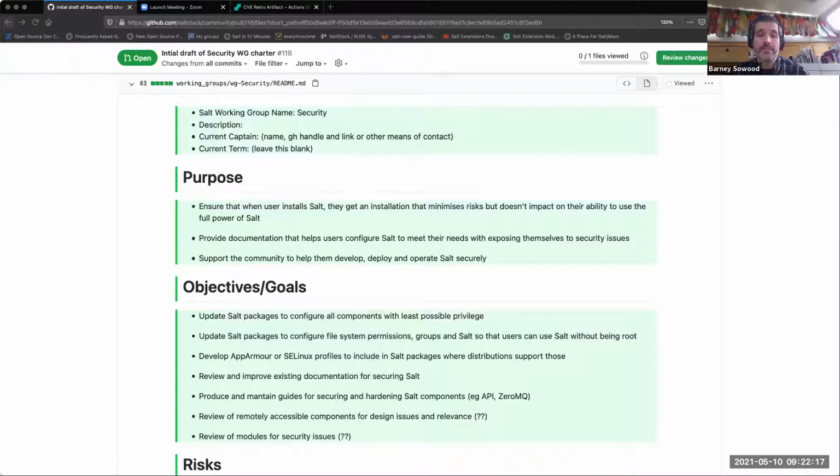Review and improve existing documentation for securing Salt. There is some Salt hardening material, which I think you could probably expand on considerably. And as I touched on earlier, producing guides for securing and hardening Salt components like the API or ZeroMQ.